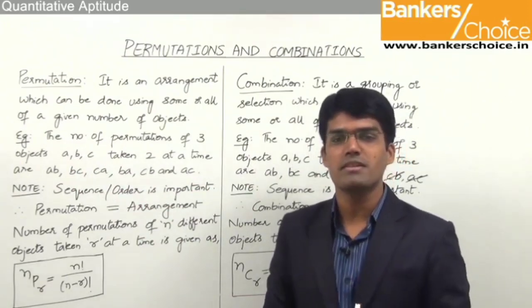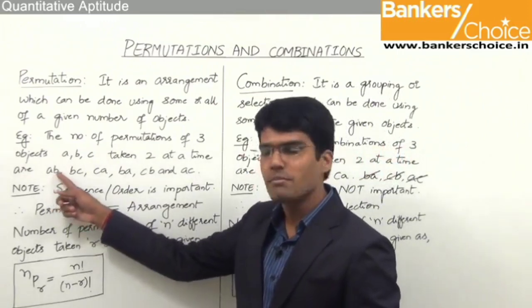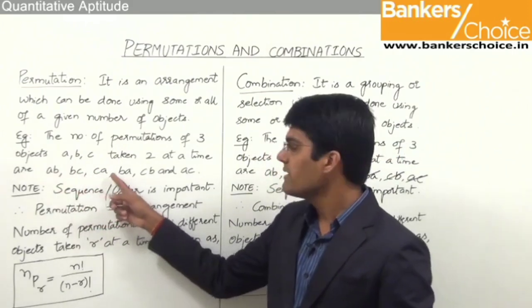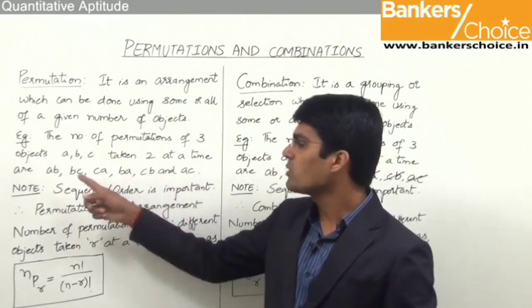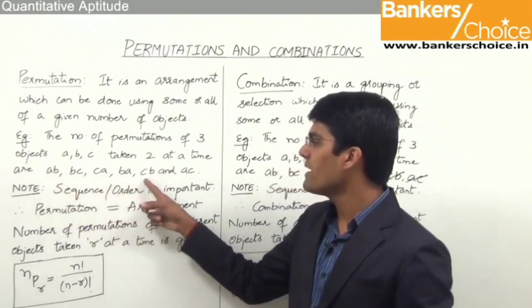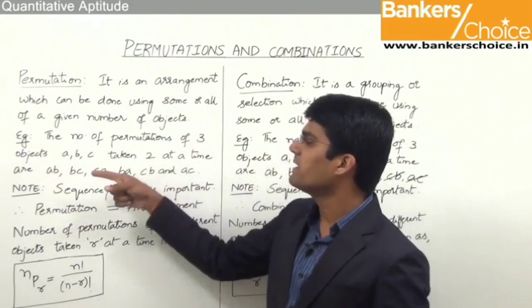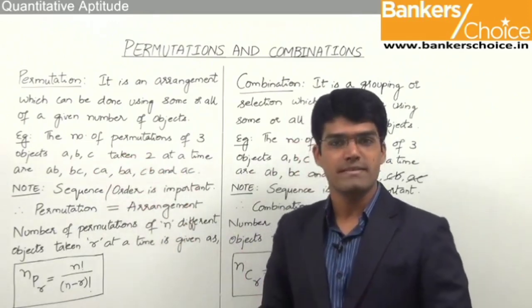So the number of permutations that can be done here are A, B. As you can see, we have taken two objects A and B. Then B and C, again two objects. Likewise CA, BA, CB and AC. So there are altogether 1, 2, 3, 4, 5 and 6 permutations possible. So we can say that the number of permutations of three objects A, B and C taken two at a time will be equal to 6.